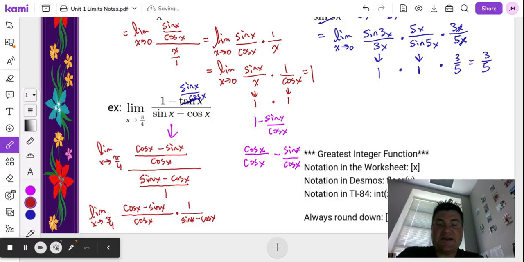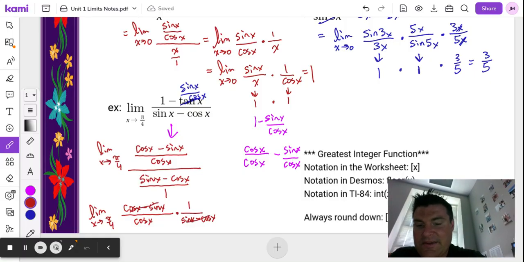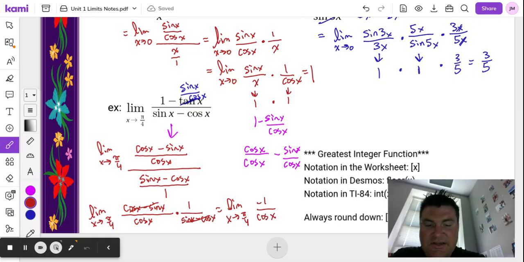Now, the cosine x minus sine x, they're just opposite signs, so those do cancel out, but I have to make sure that I leave a negative 1 there. So it's going to leave me with the limit as x approaches pi over 4 of negative 1 on top, because those were opposite signs. And now I'm free to go ahead and plug in my pi over 4. By the way, that is equivalent to negative secant of x.